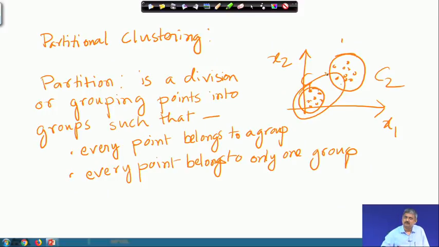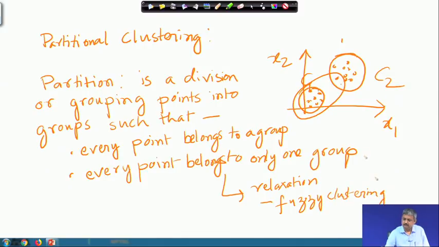There is an alternate called fuzzy clustering, which we are not discussing, where it is allowed. The relaxation of the only-one-group condition is called fuzzy clustering, whereas this is called crisp clustering.